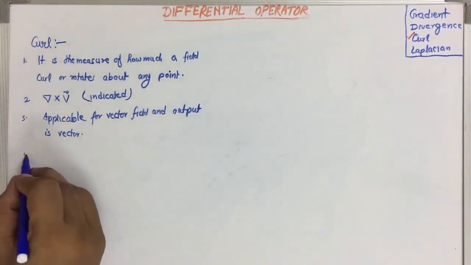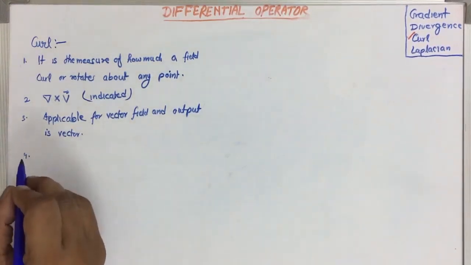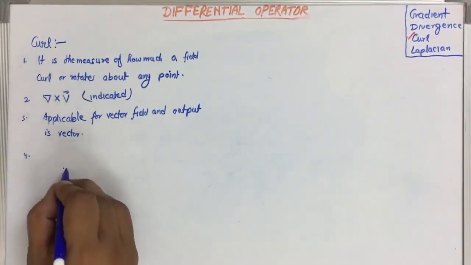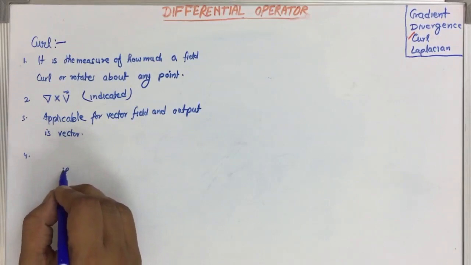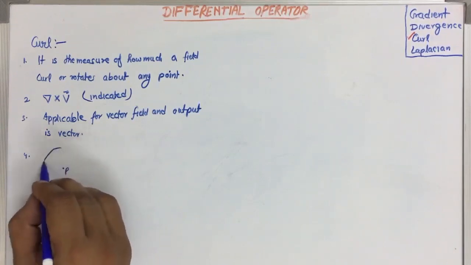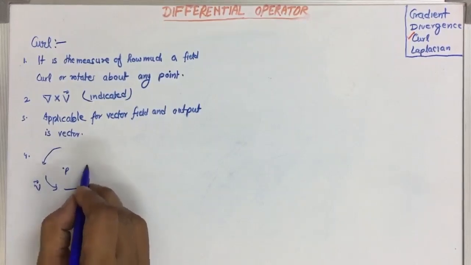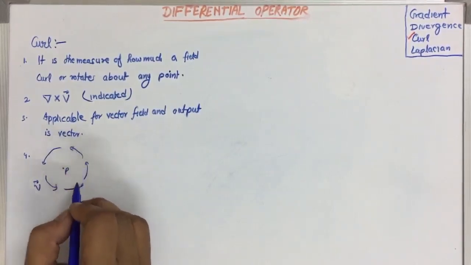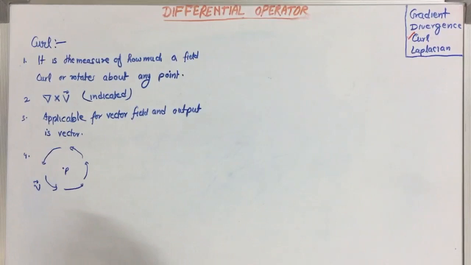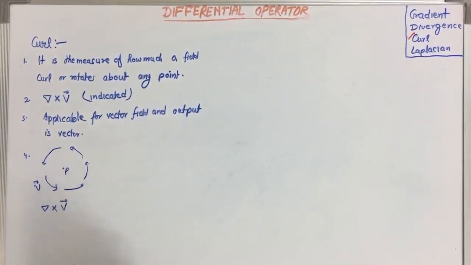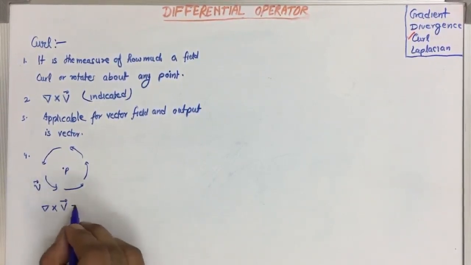Finding the curl means we are trying to find the rotation of the field about any point. Suppose this is one point and any field V is rotating anti-clockwise, then the curl of the field is considered as positive.